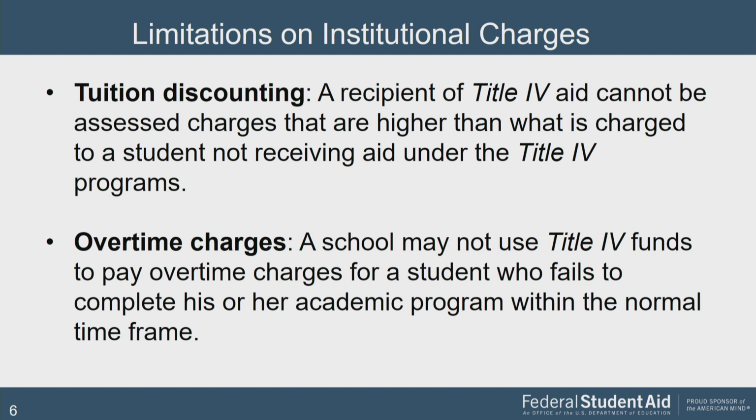The department doesn't prevent you from charging a student overtime charges, so that's a little different from the discounting system that I just mentioned. You're prohibited from discounting and treating Title IV recipients differently from non-Title IV recipients, but you can make overtime charges, but you can't include them when determining student Title IV credit balances.